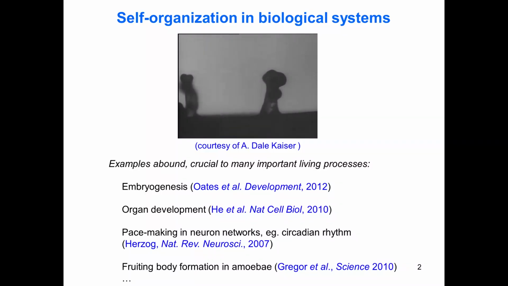There are many examples, especially during embryogenesis, formation of somites periodically, segment by segment, and the ordered motion of cells to develop into organs, and synchronization of pacemaker cells, all manifested the remarkable ability of living systems to self-organize.